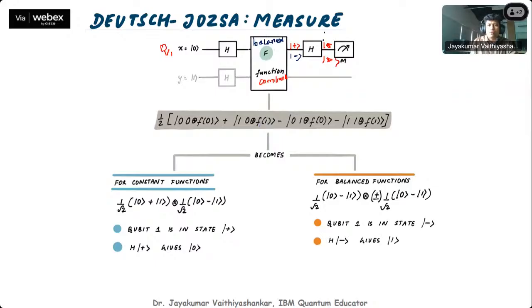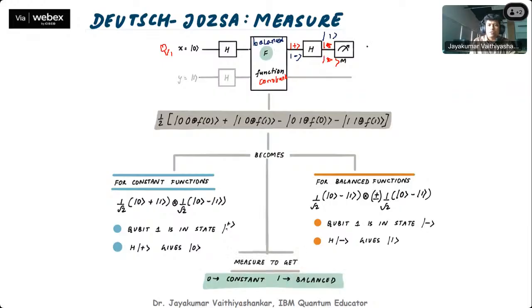If you apply the Hadamard gate to the minus state, it will produce state 1. Suppose you are doing measurement, you'll get 0 as output for a constant function, and 1 as output for a balanced function.